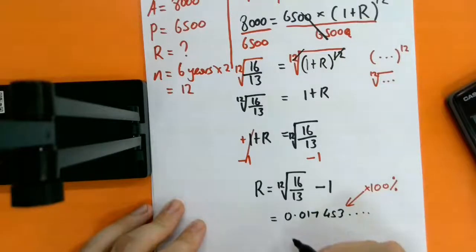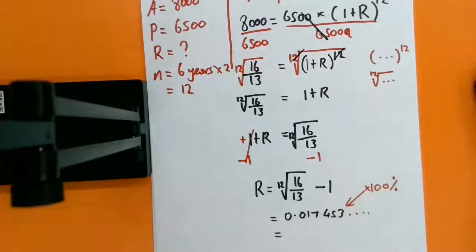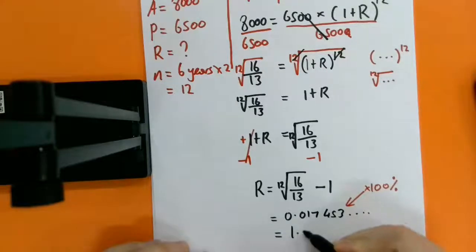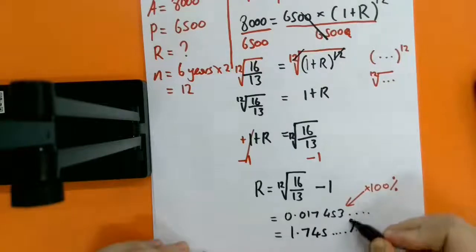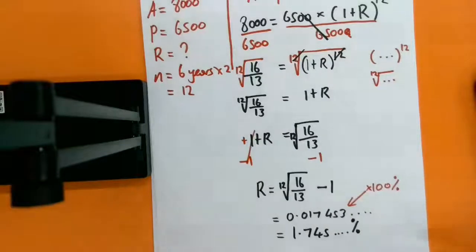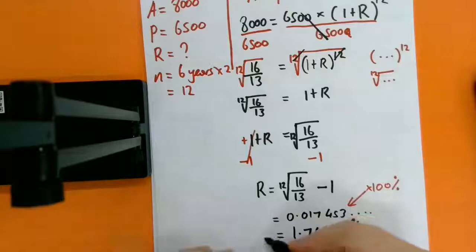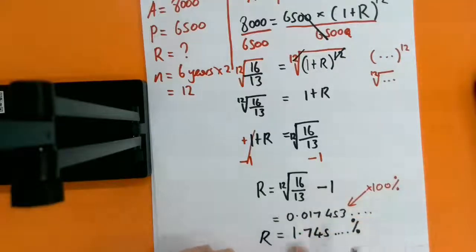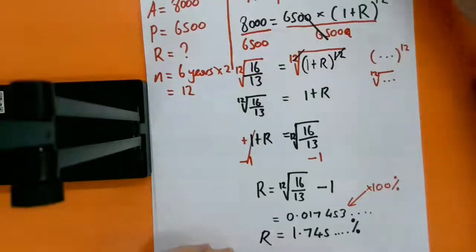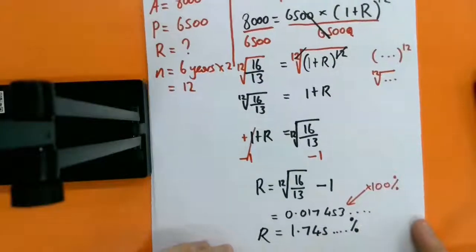Once I've done that, my decimal will become 1.745... Now, here's the thing. Here's what we need to be really careful with. Notice that I haven't rounded anything yet. I'm still going with everything as a decimal. I'm just dotting everything out.